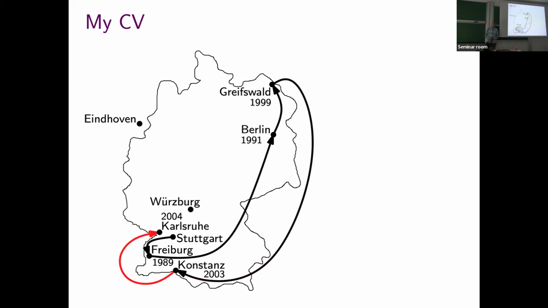Back then, it actually was not called KIT yet, but later it turned into that. So the University of Karlsruhe, and there we got our first child, my wife and I, and then just before the second child was about to show up, we moved again to Eindhoven and enjoyed 3 years in the Netherlands.